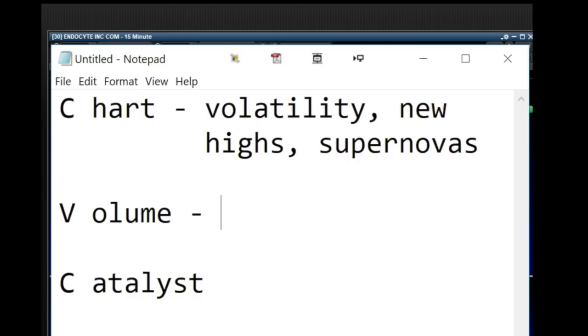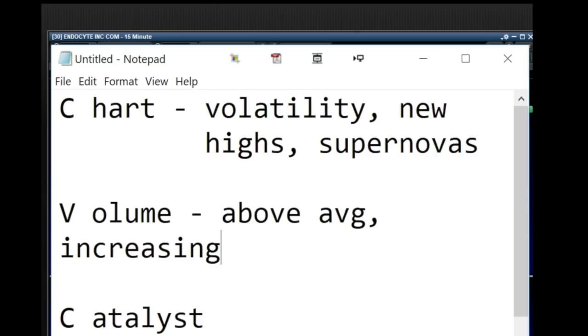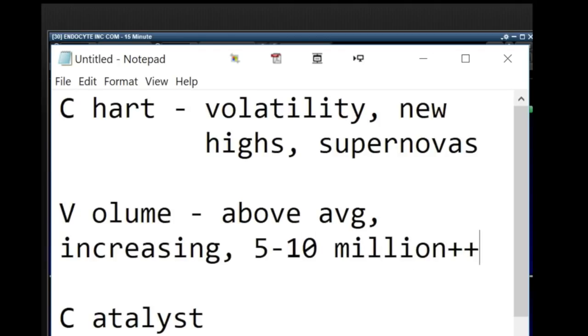And you want to look for above average, increasing volume, and ideally you want to be looking for 5 to 10 million plus on a lot of these stocks. Sometimes you get 15, 20, 30 million shares, and that is when these type of plays will run.